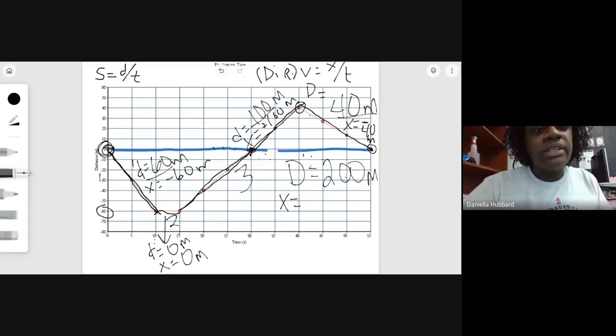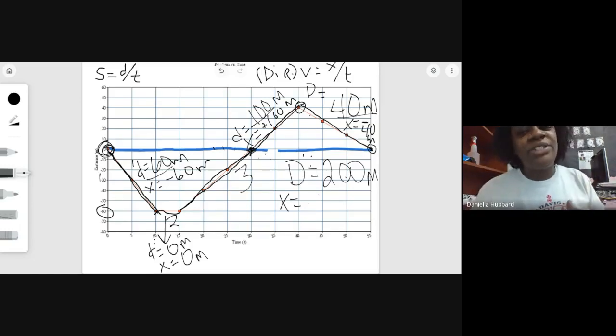Where did we start? 0. 0 minus 0 is 0. So overall, if somebody was not paying attention to your journey, they're going to think you did not go anywhere because where they left you is where they found you. Where you ended your journey is where you started.